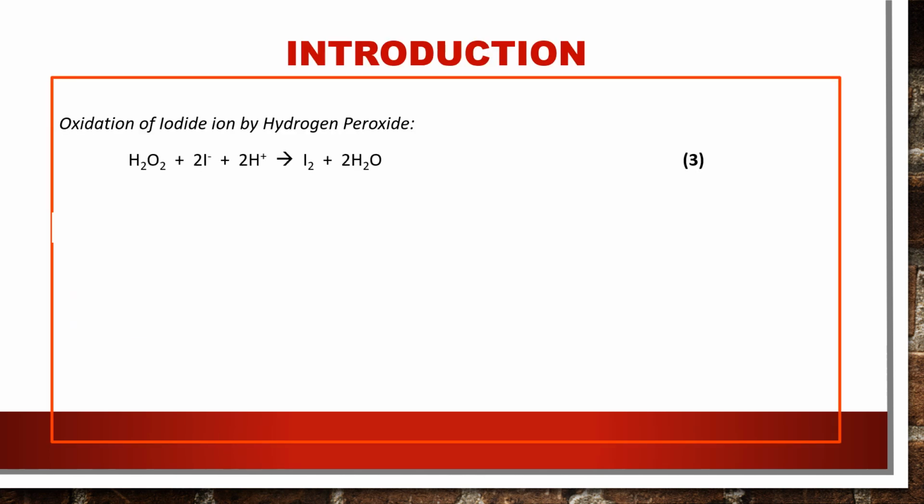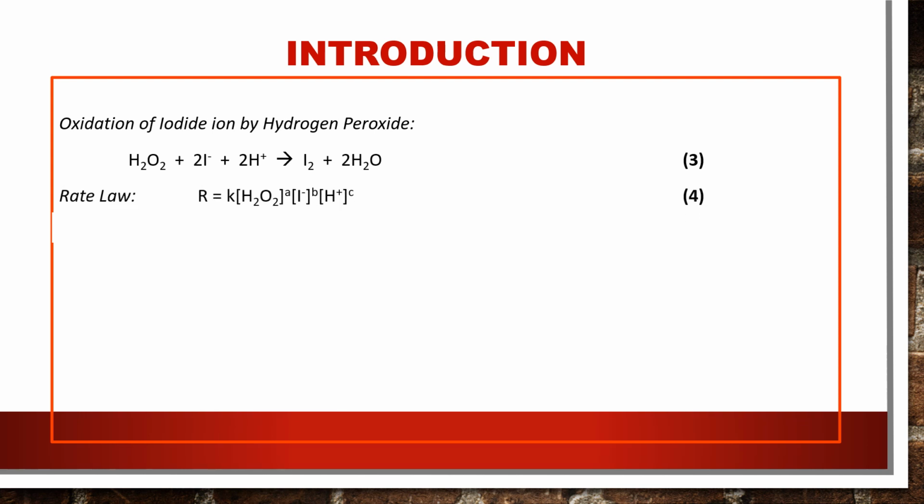In this lab, 1 mole of hydrogen peroxide combines with 2 moles of iodide ions and also 2 moles of H plus species. These together are consumed to form 1 mole of iodine and 2 moles of water.